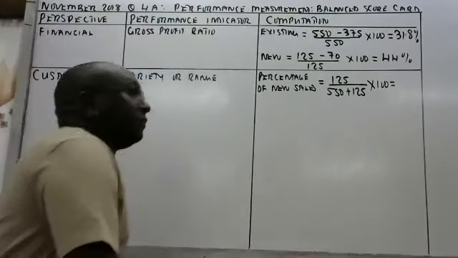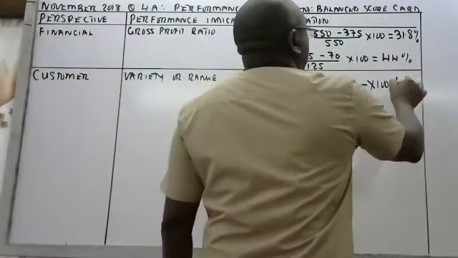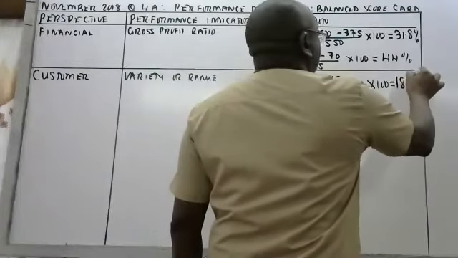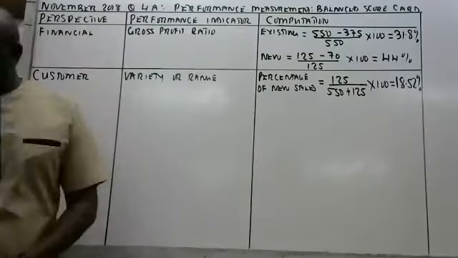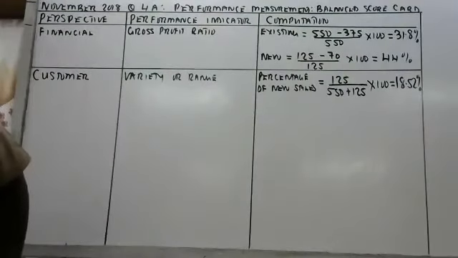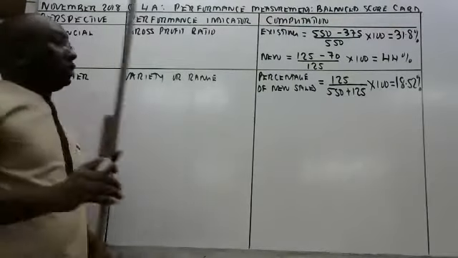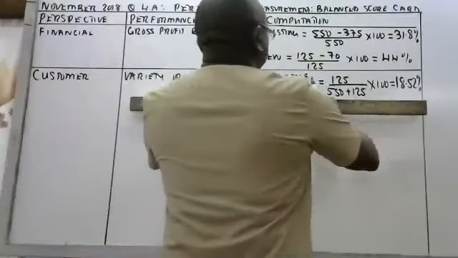Okay, 18.52%. So that's a good percentage of new things.